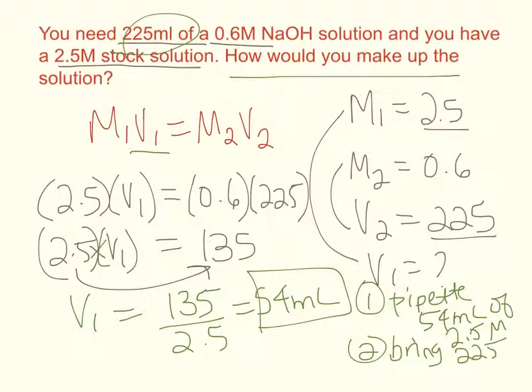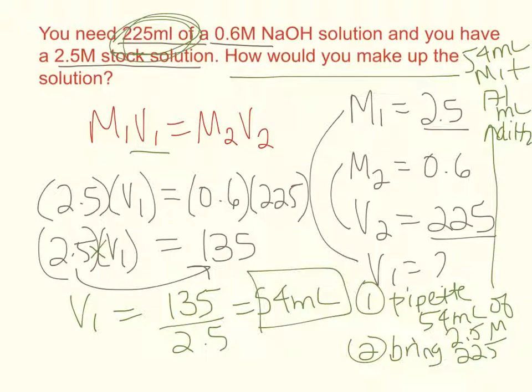If we wanted to be specific, we would take the 54 milliliters of our molarity 1, the 2.5 stock, and add 171 milliliters of distilled water, because 171 plus 54 gives us the final solution of 225.